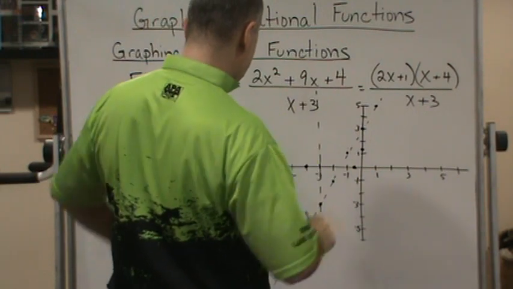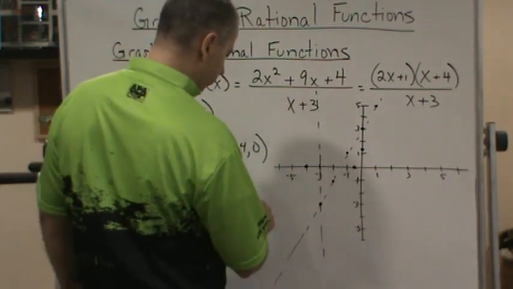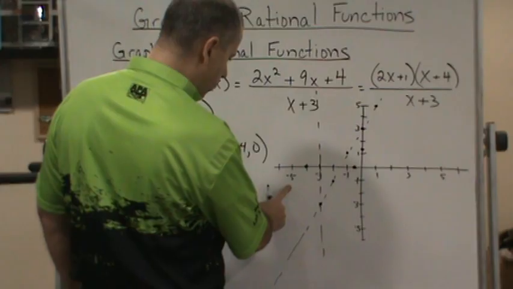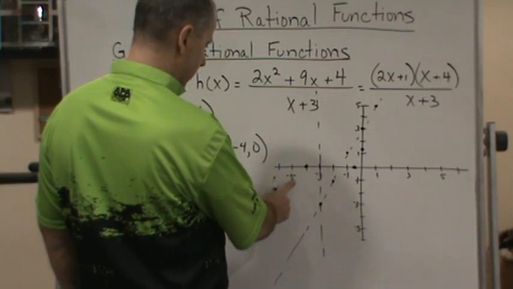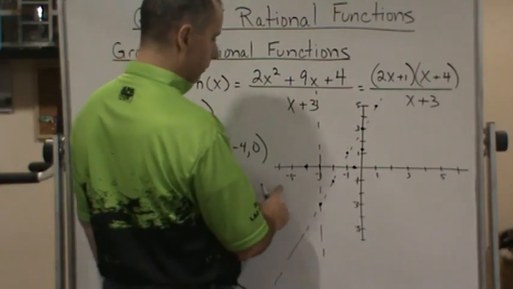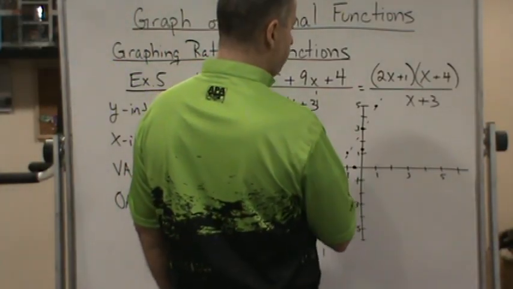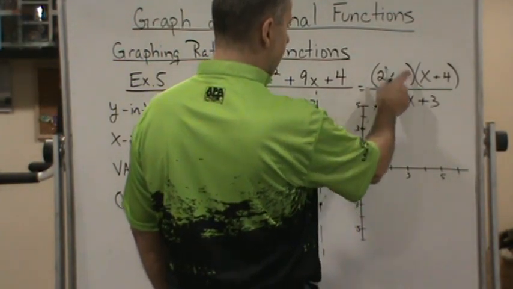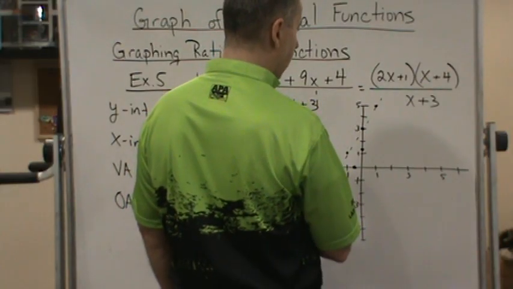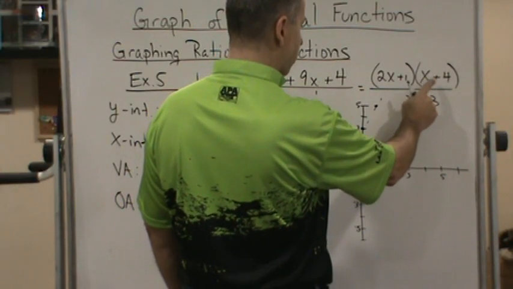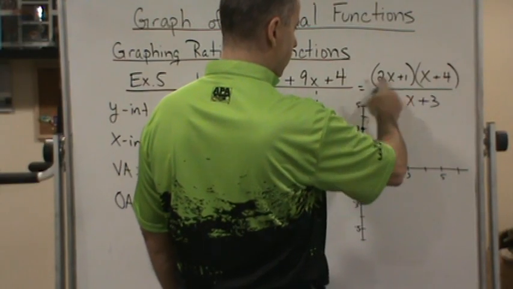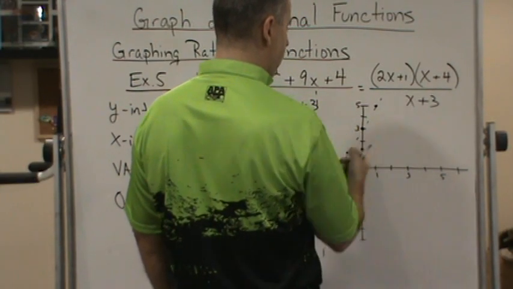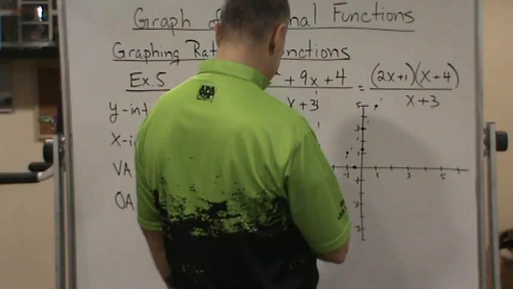So first, let's test -5. At -5, where are we? This is going to be negative, and this is going to be negative, so the numerator is going to be positive, so it's going to be negative.